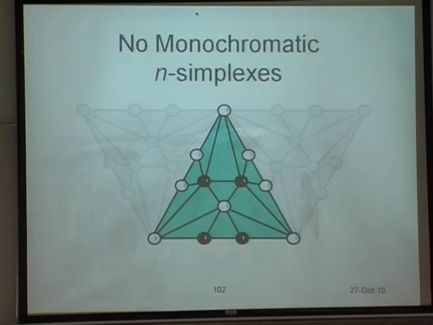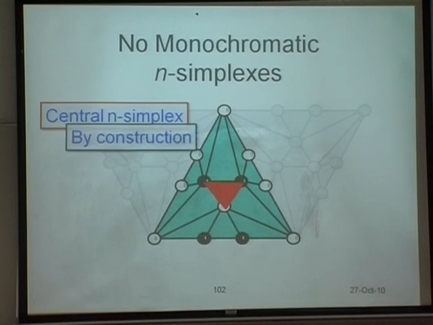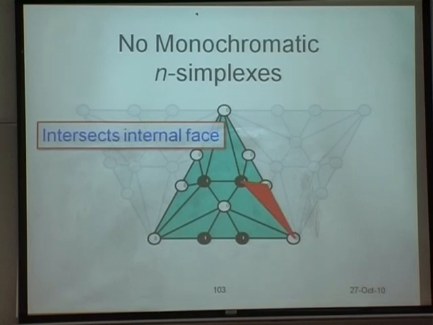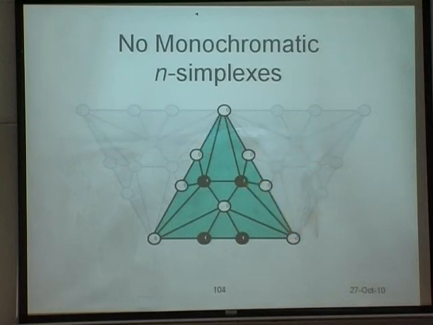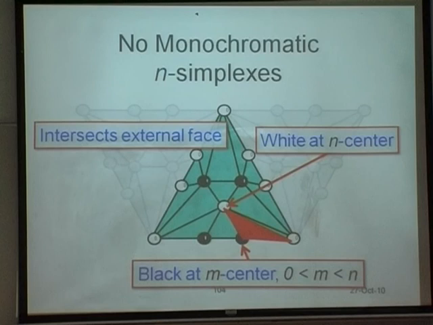And then this time, instead of showing you the picture, you have to actually argue there's no monochromatic n-simplexes. And so you just do a case analysis. The central one is, by construction, not monochromatic. If you're not central, then you have to intersect one of the faces. If you intersect the internal face, then you have to hit the center and white at the edge, so you're not monochromatic. If you hit the external face, then you're white at the center and black at least one of the other centers. So nothing difficult here.